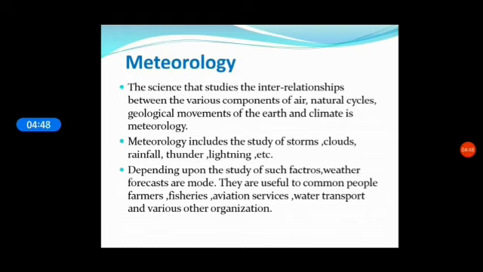It includes study of storms, clouds, rainfall, thunder and lightning, etc. The information about weather from the meteorological department is very useful to common people, farmers, fisheries, aviation services, water transport and various other organizations.